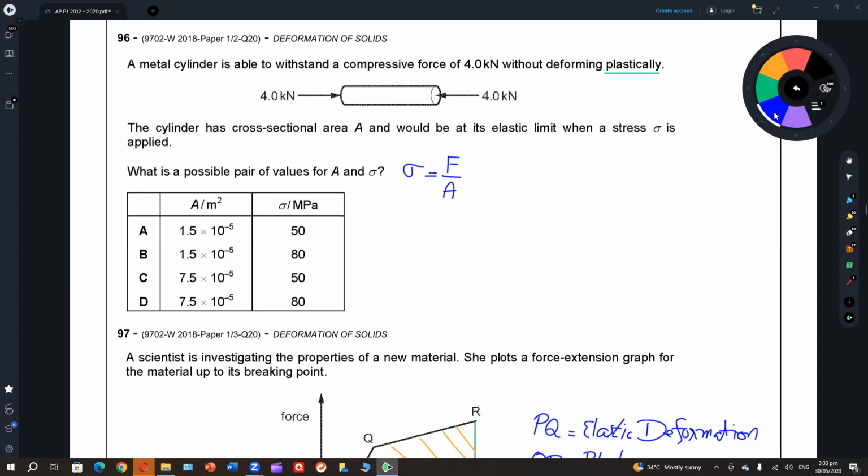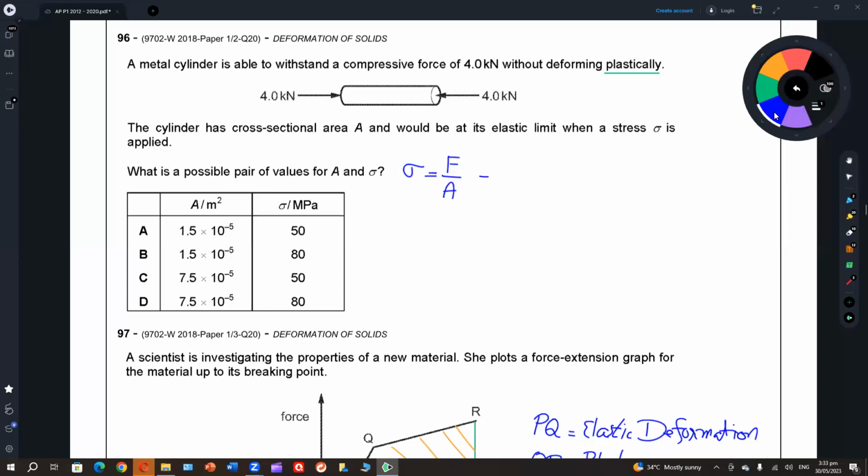So the stress will be force over area. Stress is equal to force upon area. So I think we can try it by trial and error, because we have the force.